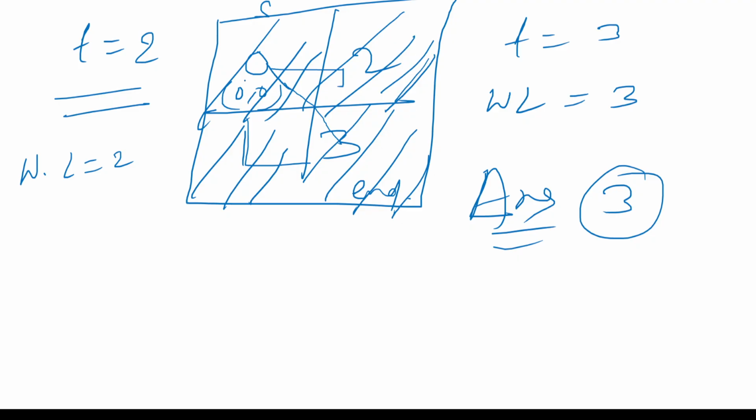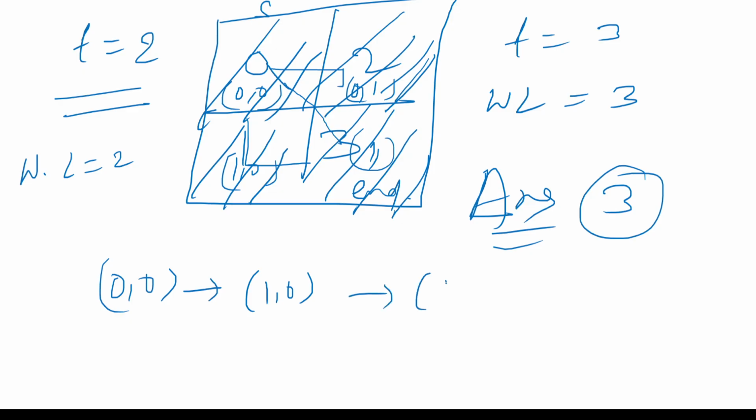It means now 0, 0, 1, 0, 0, 1 and 1, 1, all the cells are filled. Now the path exists: 0, 0 to 1, 0 to 1, 1.